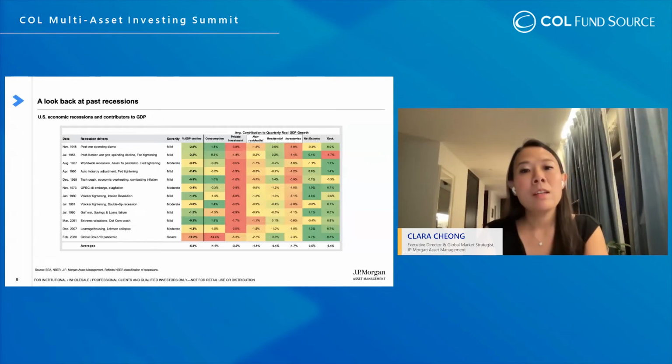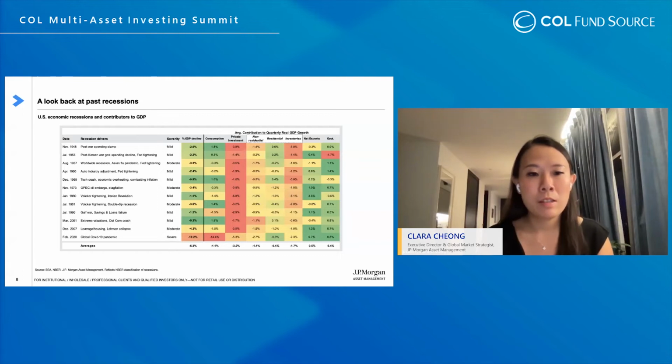Then focusing on the second to last row of the table, the last recession was particularly severe because of how badly the consumer was hit. It was because of the nature of the recession, which was unexpected, and it caused all of these shutdowns, and the consumer couldn't go out and spend because unemployment basically spiked.